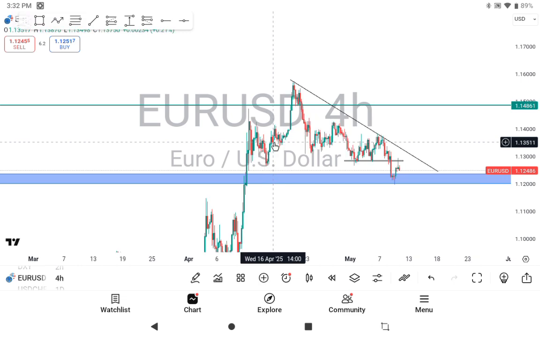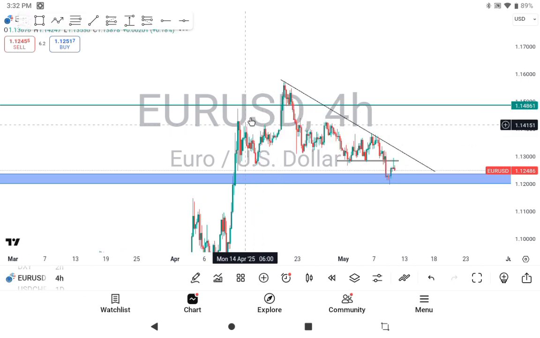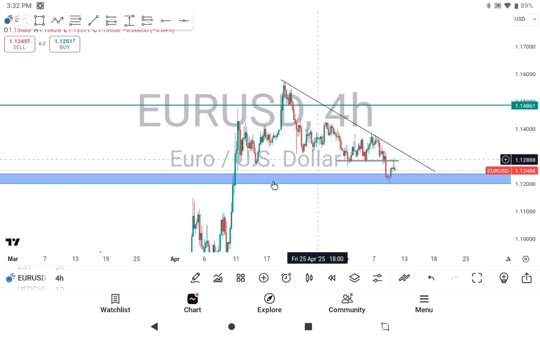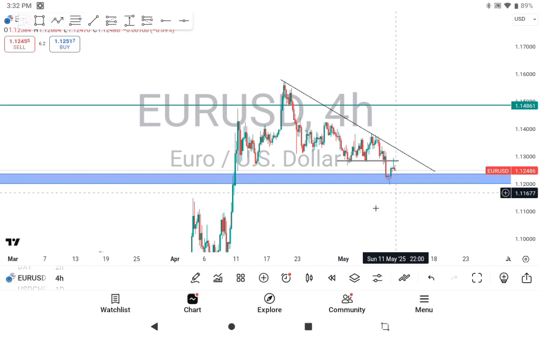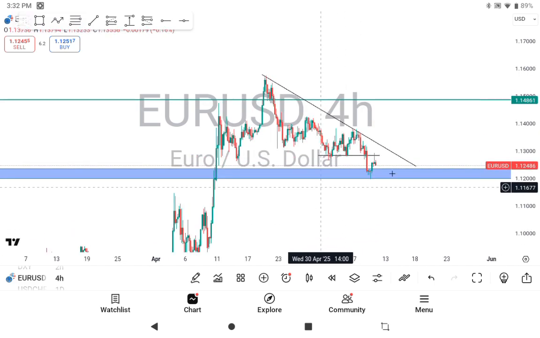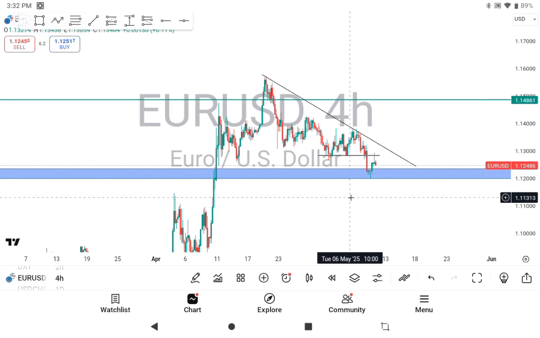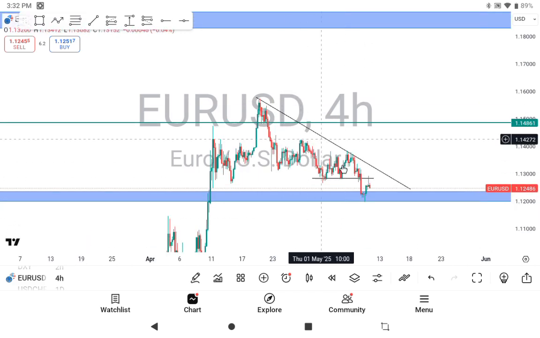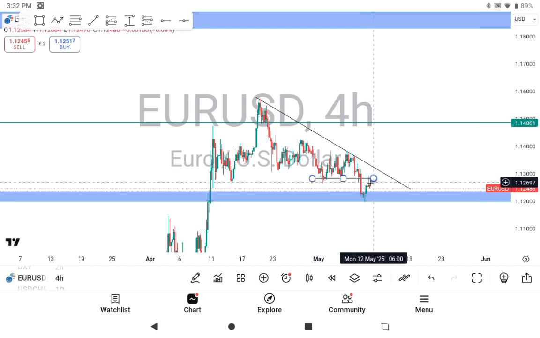Look at it: left shoulder, head, right shoulder. In as much that the neckline has not been broken, it has not been fulfilled yet. We need to ensure that the neckline has been cleared before price should continue pushing lower. Provided that price still stays above this level, price can still push back up again.